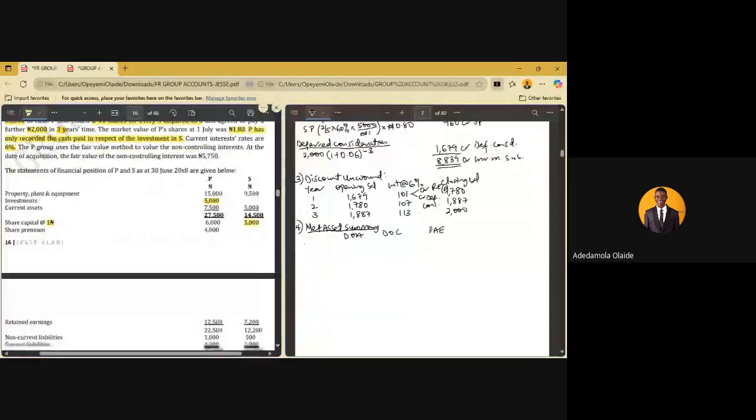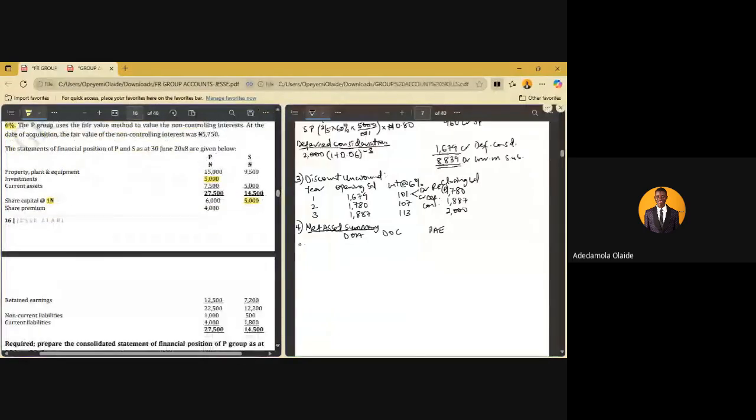Share capital, for how much? It will be 5,000. Like I said, share capital doesn't usually change, so we will have it as 5,000. Then share premium, they don't even have any share premium, so it's not necessary to bring it.